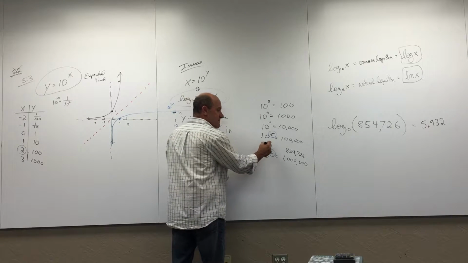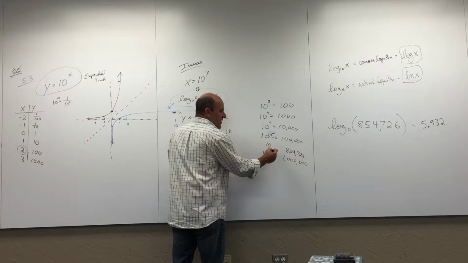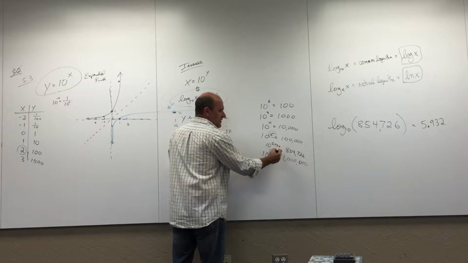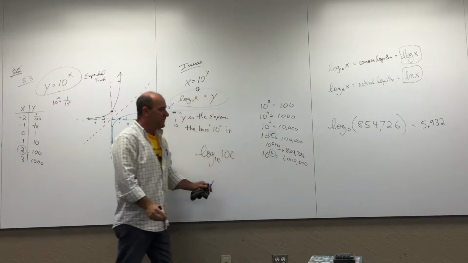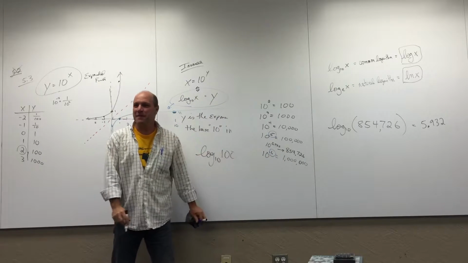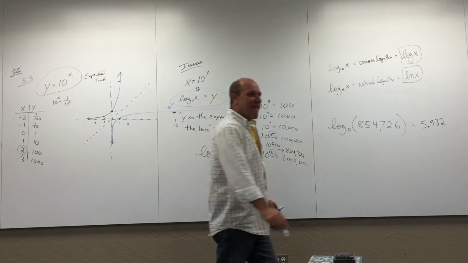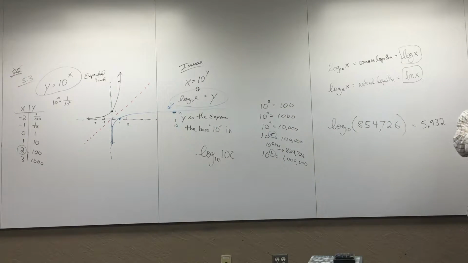You with me? You can try it, by the way. Try 10 raised to the 5.932. Do you get that number? You don't get it exactly, and why not? Can you explain why it didn't come out perfect? Because this was rounded to begin with.